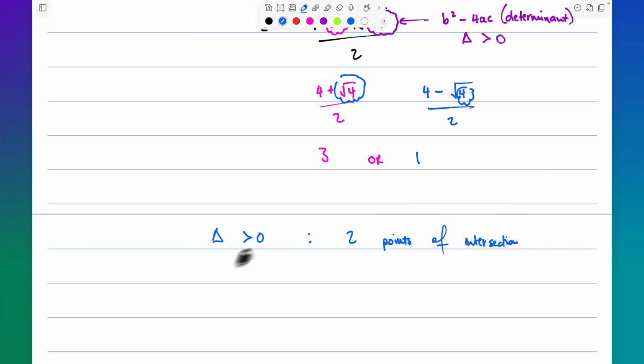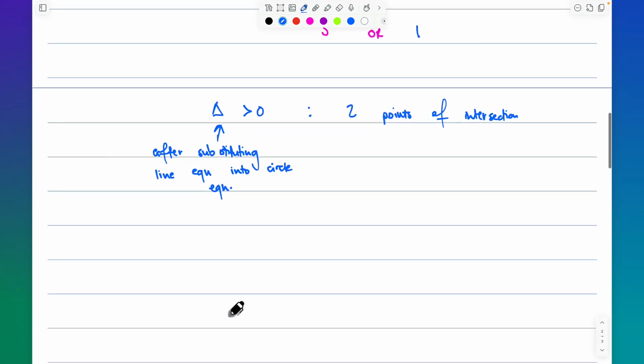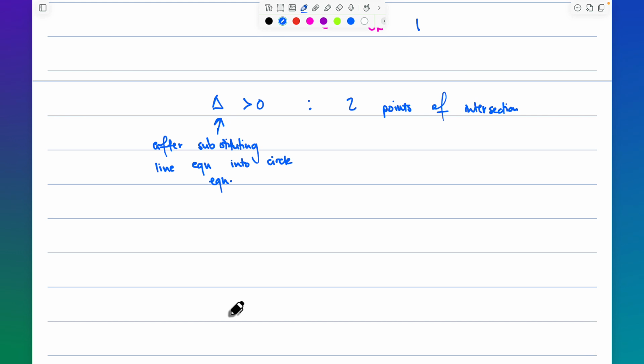But remember, this is the discriminant after substituting the line equation into the circle equation, right? So if you want to take a summary out of this video, essentially that is what that summary would read. So I'm going to end this here, right?